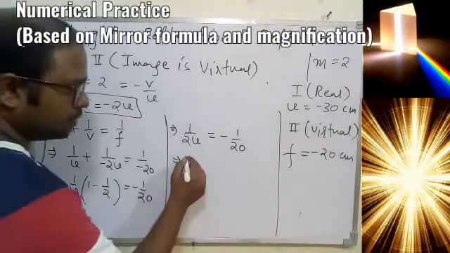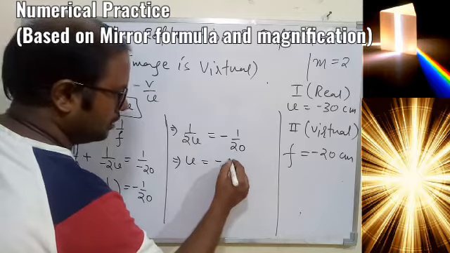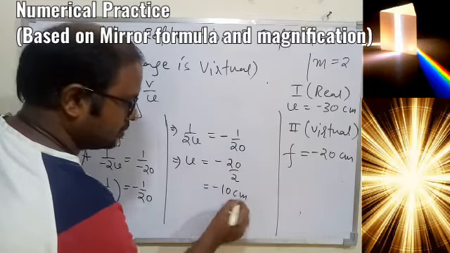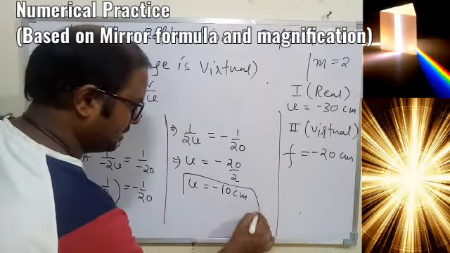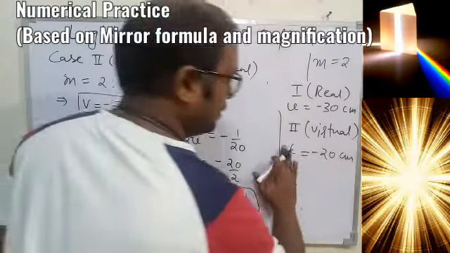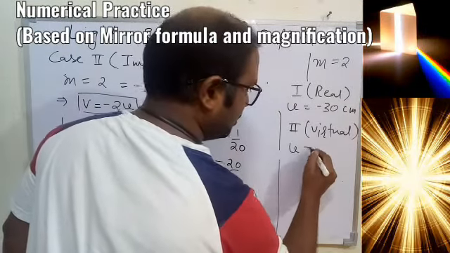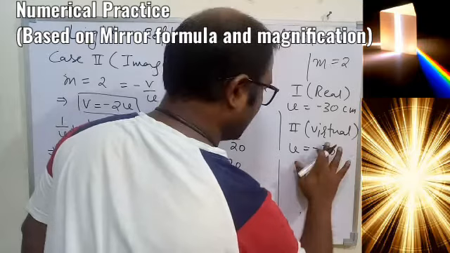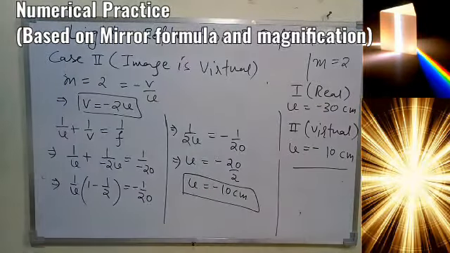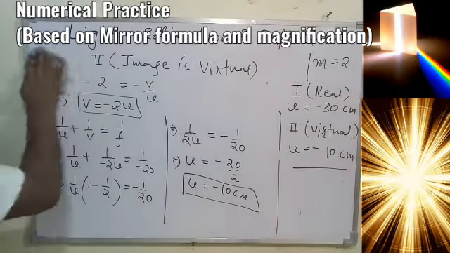So you know this is nothing but minus 20 upon 2, minus 10 centimeter. So I hope we got case 2, u is minus 10 centimeter. And let's analyze this also. I hope the calculation is clear, the concept is clear.